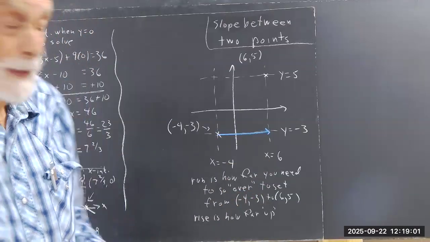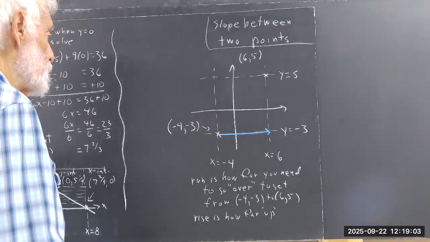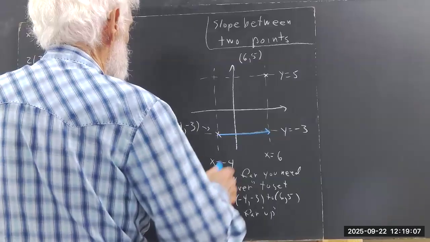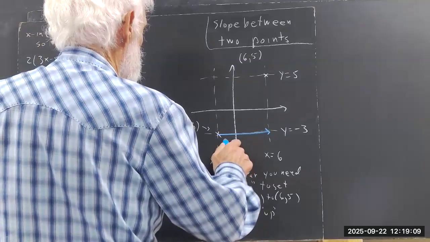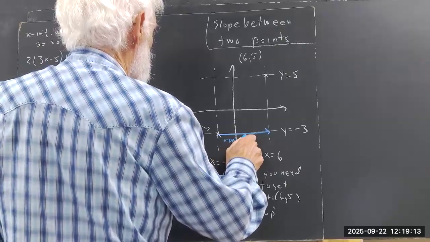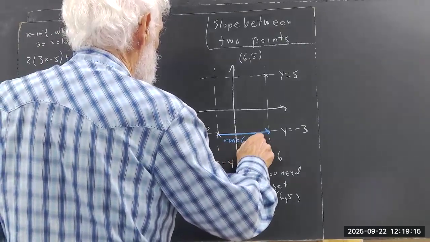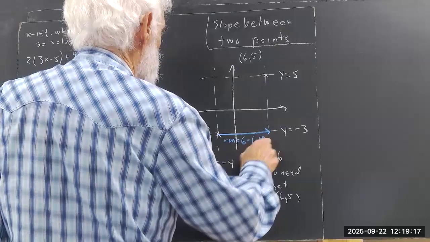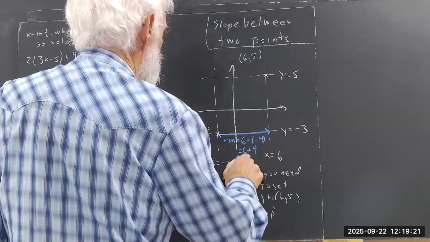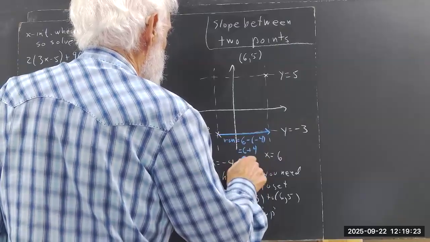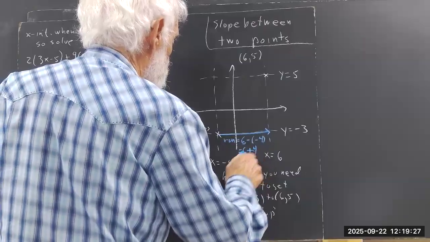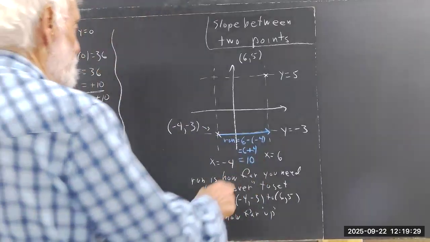Okay? So I can say the run is 6 minus -4, which is the same as 6 plus 4, which is 10.